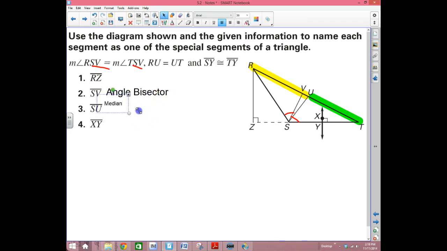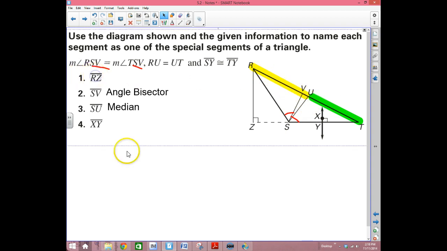Now the last part is sorting out which one is the perpendicular bisector and which one's the altitude. Well, the altitude has to go from a vertex and be perpendicular to either the opposite side or a line that contains it. So RZ is going to have to be the altitude here, because it's not cutting through anything in the middle. Plus, we already know from the given that SY is congruent to TY.